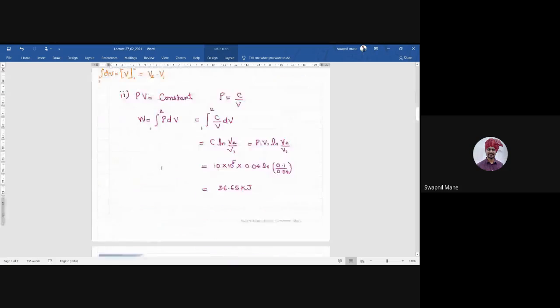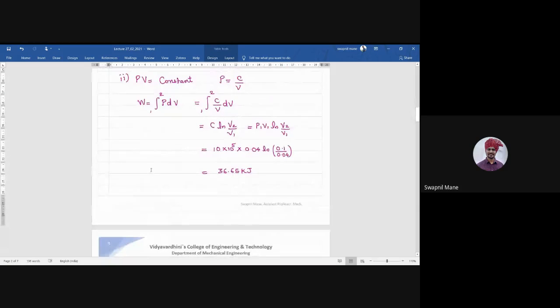PV, okay, 1 minute. Yes, 1 minute. So initially we started with the first, constant pressure process, P is equal to constant. Isn't it? No, initially we started with V is equal to constant.